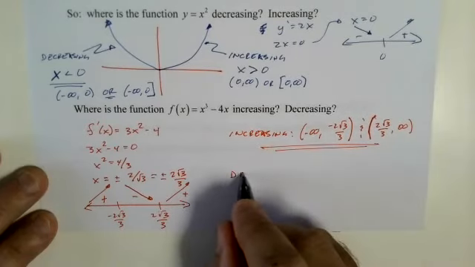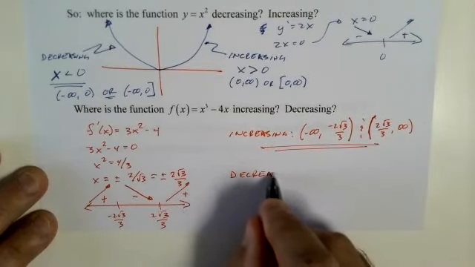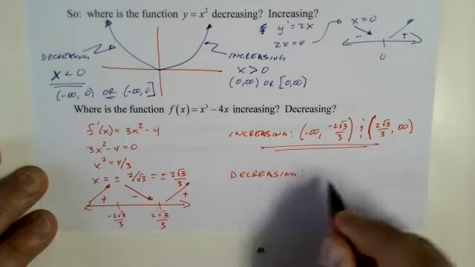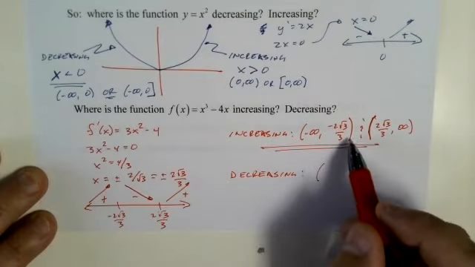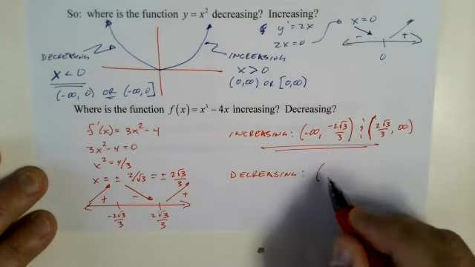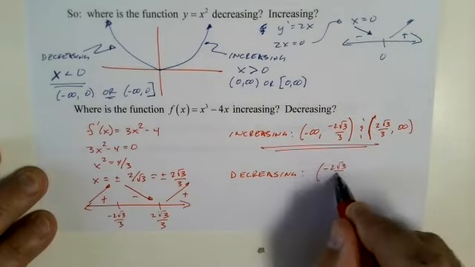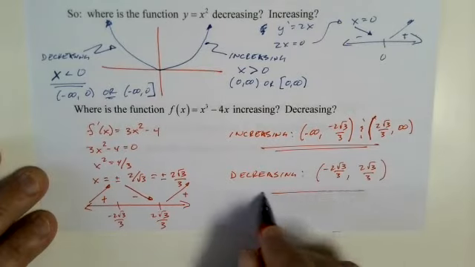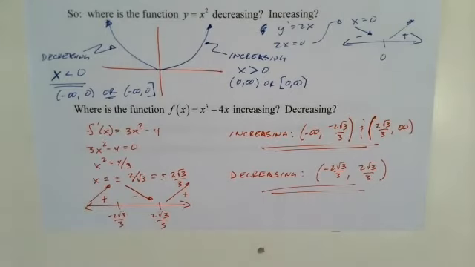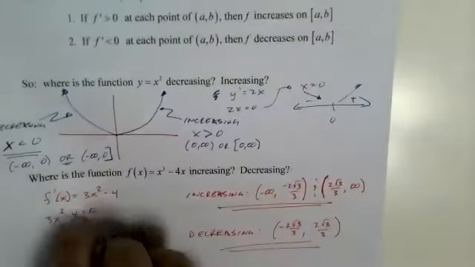And then it's decreasing from, this is why I don't like the bracket, because then it's increasing and decreasing at the same spot. Yeah, whatever. (-2√3/3, comma 2√3/3). So a little bit more ticky-tack stuff.